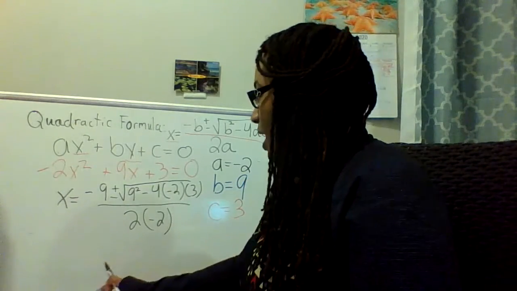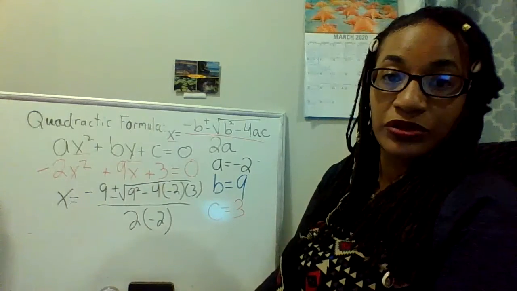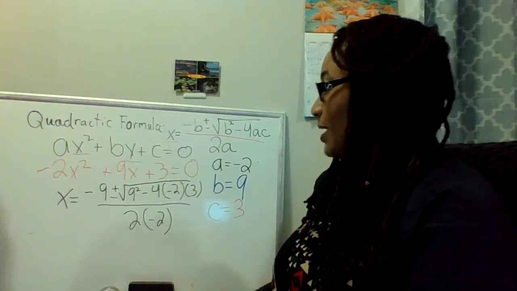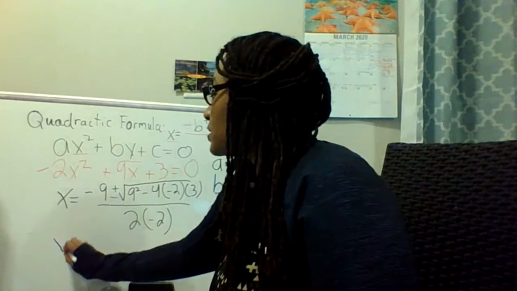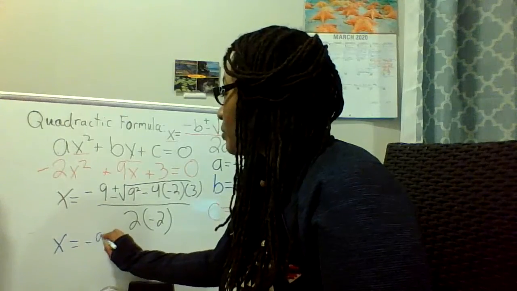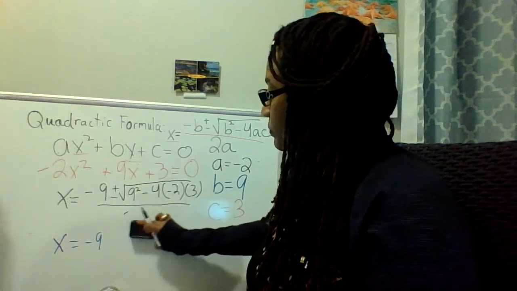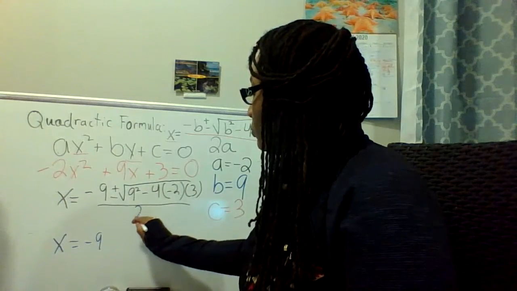All right. So now this is first just some simple arithmetic we have to do, okay? So I'm going to rewrite it again. Hope you can see it on there. X equals minus 9. And we're just going to simplify it a bit. Make this smaller so I have more room.